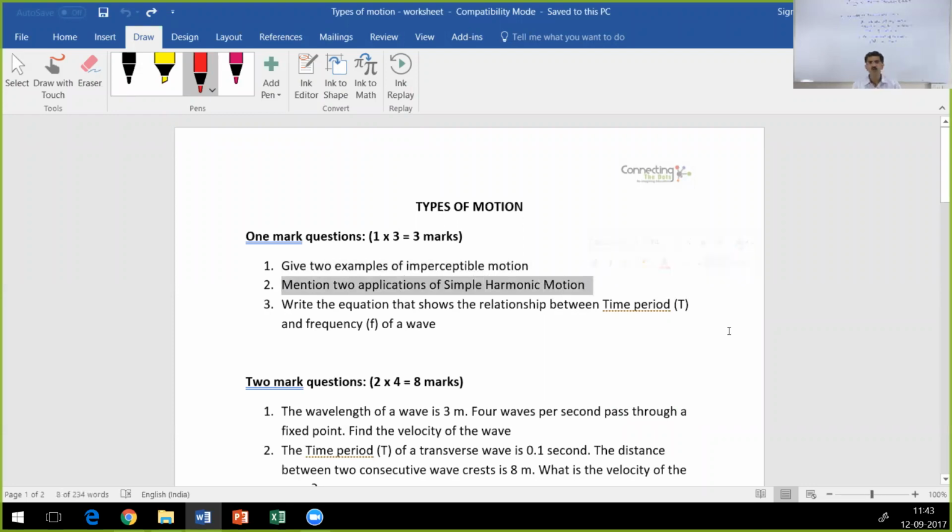Write down the second question. Mention two applications of simple harmonic motion. And once you write the question down, we can discuss the answer.